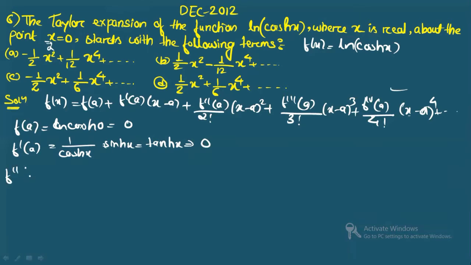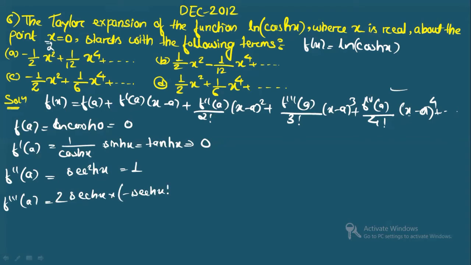Again, for f double prime(a), tanh x on differentiation gives sech square x, right? When you put x equal to 0, you will get 1. Similarly, for f triple prime(a), sech square x on differentiation gives 2 sech x, and again differentiating sech x gives minus sech x tanh x.